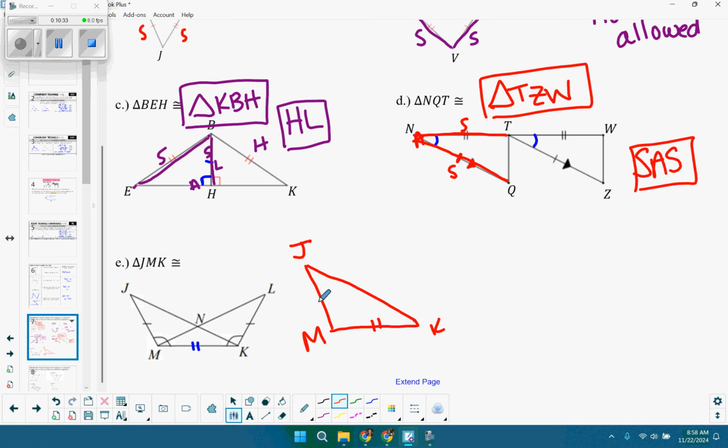I know JM was marked with a dash, and there was a curve here by the M. So here I have 2 S's and an A. And if I connect or redraw the 2 sides I labeled with S, it pointed to my A. So this is SAS. And I can continue JMK, which is what I had here, would match with LKM.